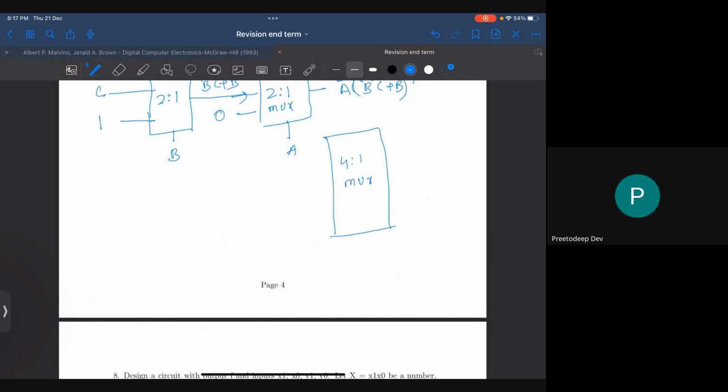For the 4:1 mux, suppose this is S1 and this is S2, and these are the inputs I0, I1, I2, I3.